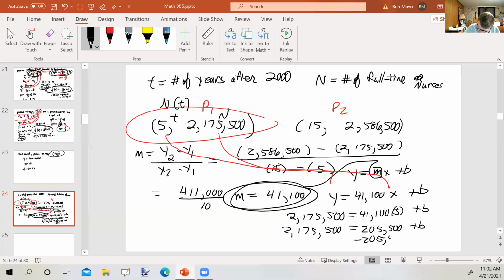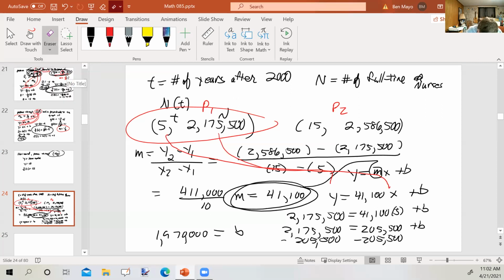We'll subtract 205,500 from both sides. So we take 2,175,500 minus 205,500, and we get 1,970,000. Okay, let me clean this up a little bit. That's supposed to be a 5.